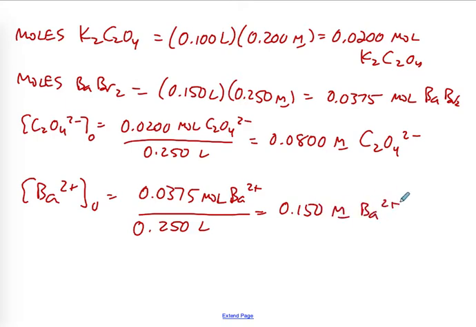Notice in each of these cases, we had a 1-to-1 mole ratio of ionic compound to ion produced. If it wasn't 1-to-1, then you would simply have to use the corresponding mole ratio.